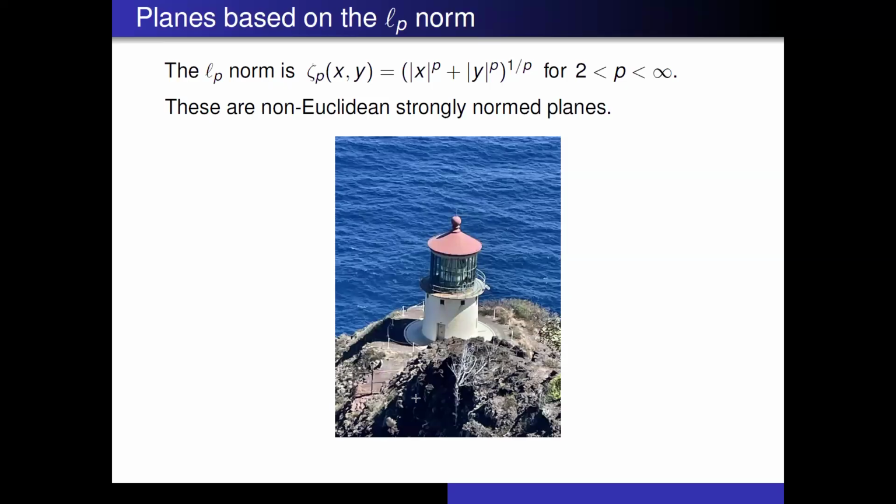Okay, so I said we're going to do three kinds of examples. We said that the Euclidean planes given by the axioms are the same as the elliptic planes. So let's go to the norms that are not elliptic. And the obvious thing would be to look at an LP norm, a standard norm.